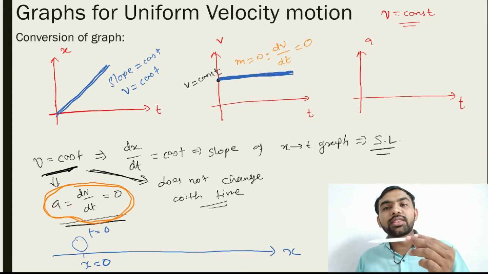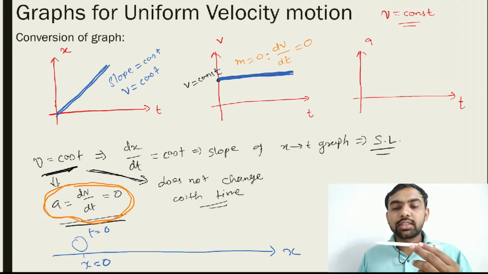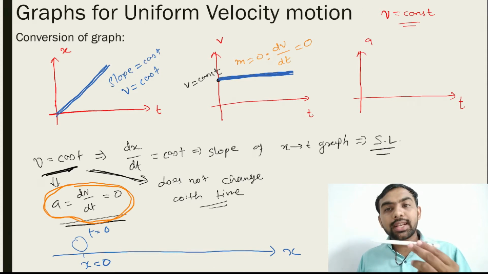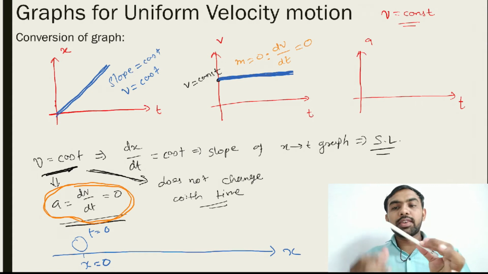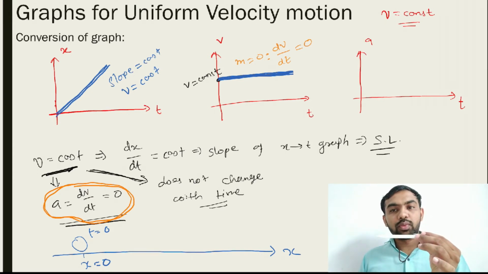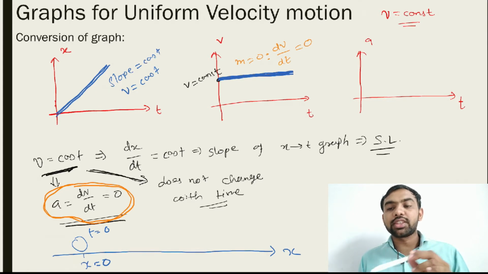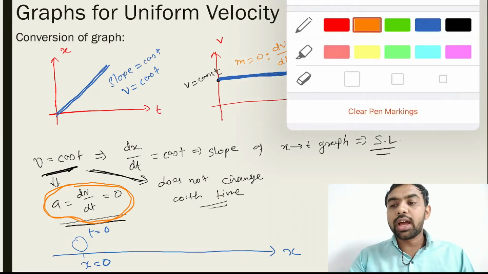In the v versus t graph, slope is equal to dv by dt. In the x versus t graph, slope is equal to dx by dt. So in the x versus t graph, that's a positive slope, and in the v versus t graph, that is a 0 slope. And the same thing you have to draw for the a versus t graph. Acceleration is 0, so you draw the line at 0.